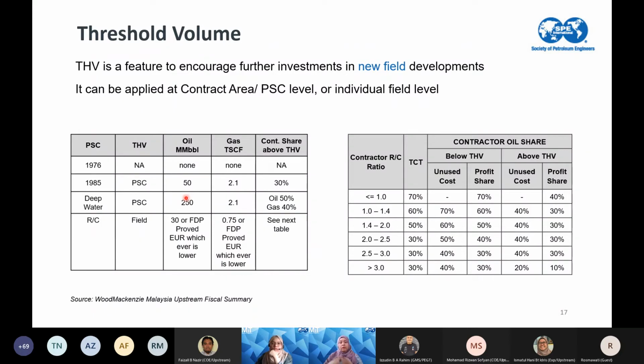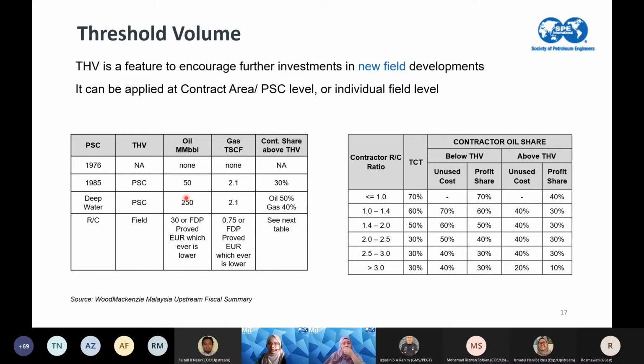If you have two fields, your threshold volume is now 60 million barrels, or the EUR, whichever is smaller. So it can be applied on contract level or field level, and you have to look at it on a contract by contract basis.